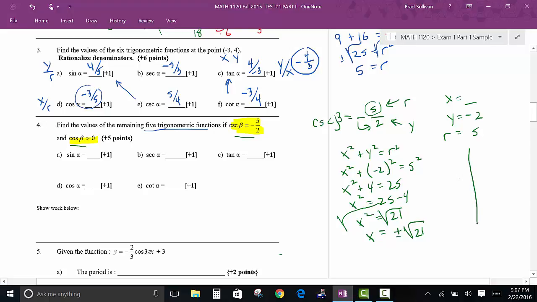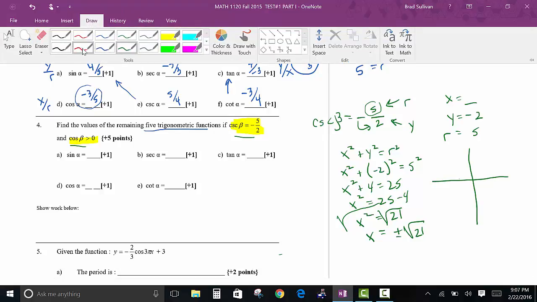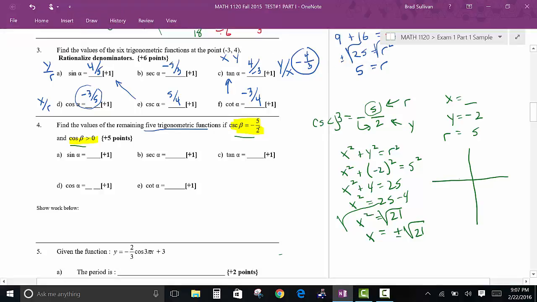So I usually recommend students do a chart kind of like this, okay? So what I'm going to do is I'm going to put check marks. Okay, the cosecant is negative in 2 places, quadrant 3, quadrant 4. That's because it's r over y. R is always positive, but if y is negative, that means you're down below in quadrant 3 and 4. Okay, then I give you the cosine is positive.